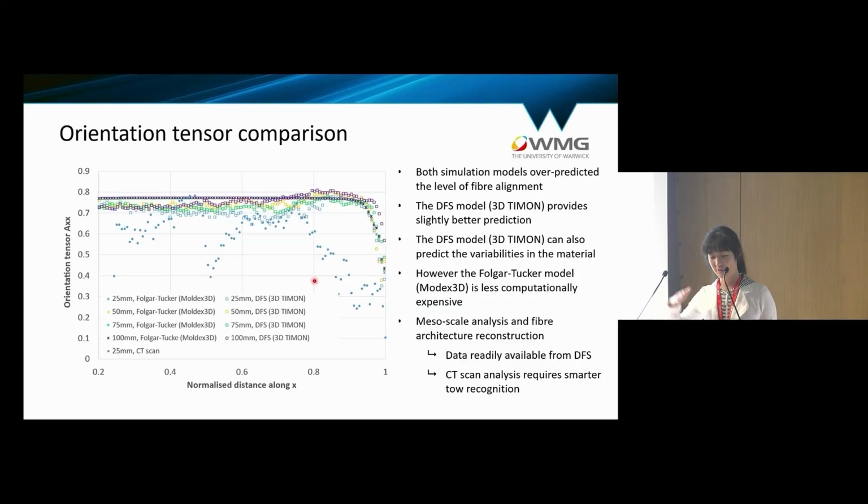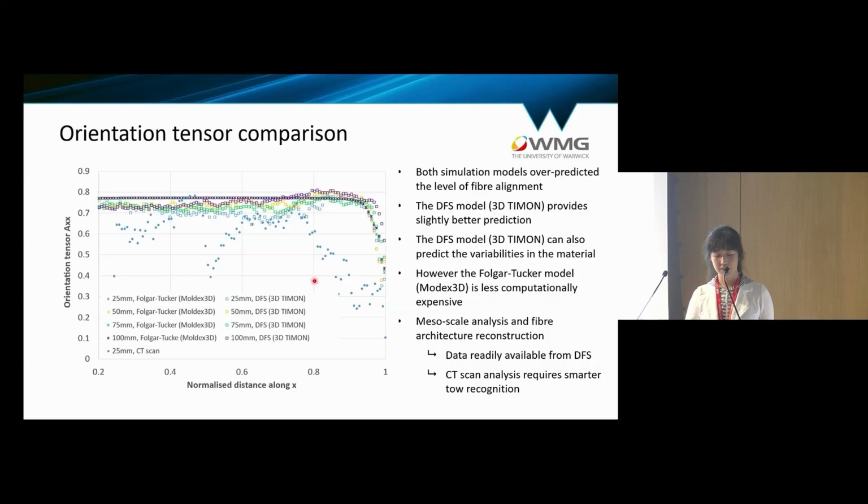As you can tell, the values of the fiber orientation tensor in the horizontal direction are much higher in the simulation. The DFS model, which is the mesoscale model, gives a slightly better prediction. And it's also nice that because of the way the model works, it gives you the random nature of the material, so that you don't get the same results if you take the samples from different regions on your plaque.